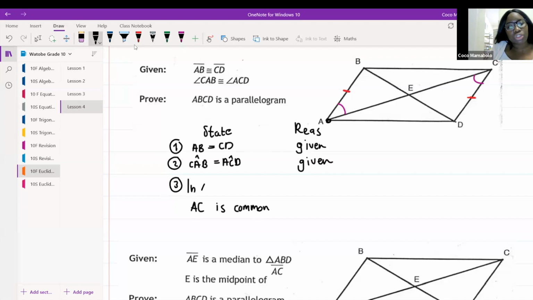So in triangle BAC and triangle BCE, it must be the same on both sides. DCE, not A. Only then can I say that AC is common. My reason here is the properties of congruent triangles.